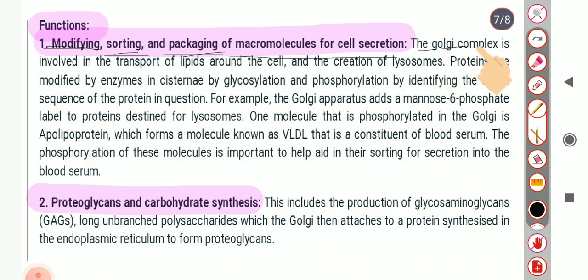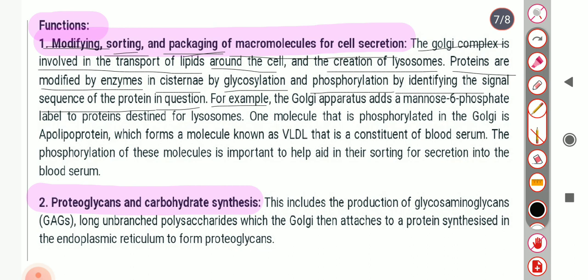The Golgi complex is involved in transport of lipid around the cell and the creation of lysosomes. Proteins are modified by enzymes in the cisterna by glycosylation and phosphorylation, by identifying the signal sequence of the protein in question.